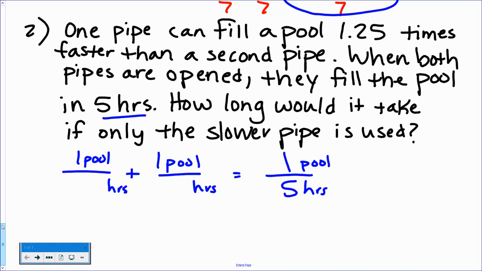So we have 1 over the hours of one situation plus 1 over the hours of the other situation equals 1 over the hours together. And that is the same setup every time. Sometimes you're given the together, sometimes you're given what they do separately. This one, what's a little bit different is we don't know either of them. So I don't know this one, and the other is 1.25 times faster.